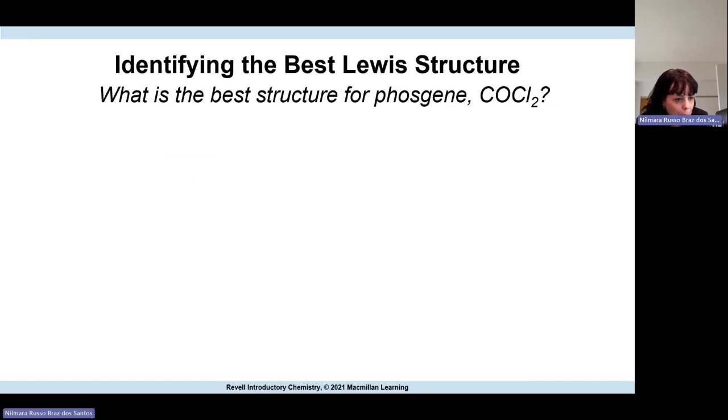Let's go to another one. So the problem is asking what is the best structure for the phosphine. Important to know is we want a structure with the lowest formal charge. If you see a structure with formal charges like +2, +3, this is so high.